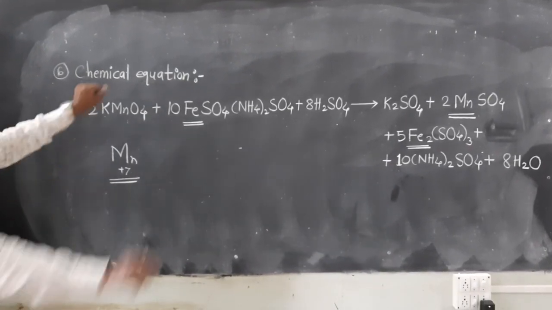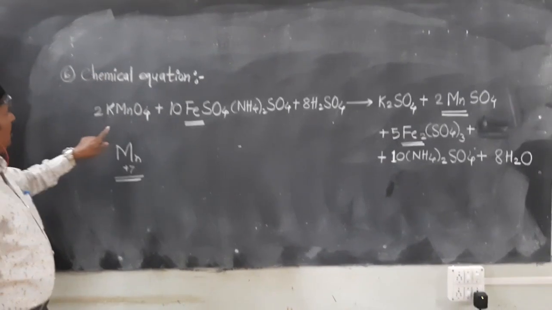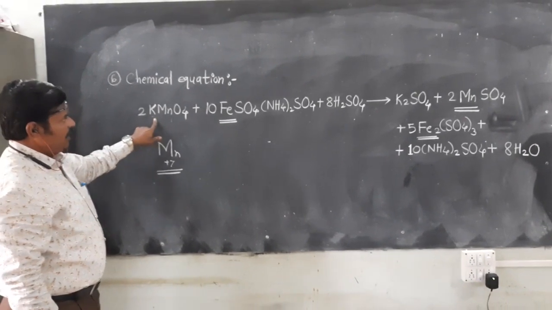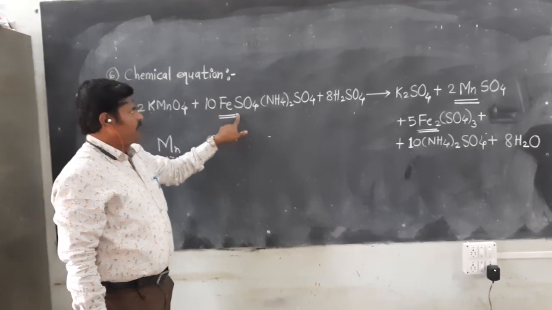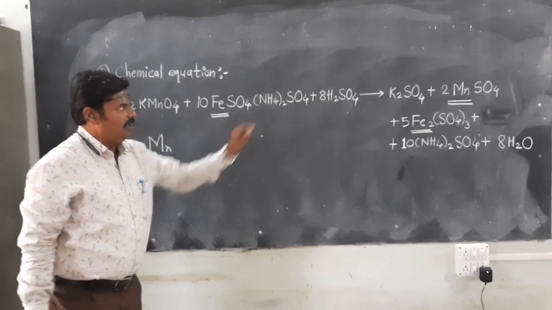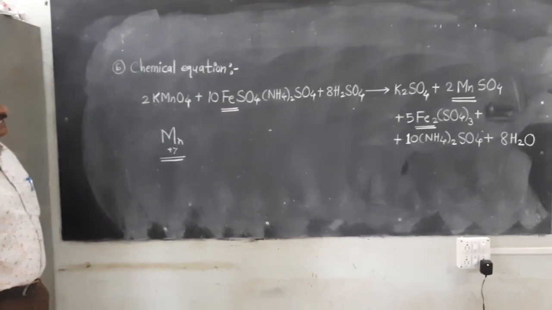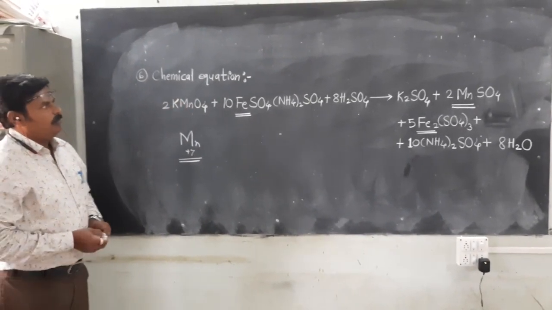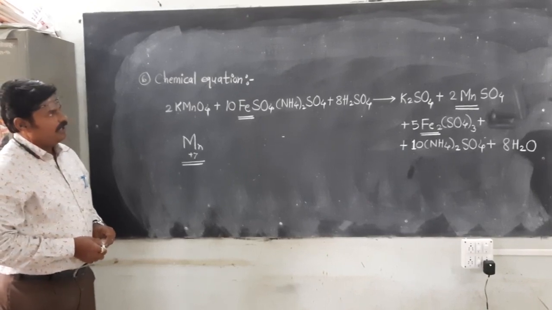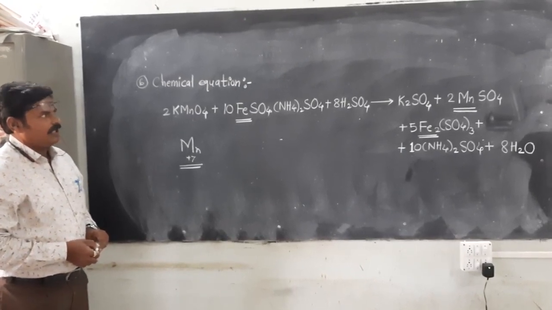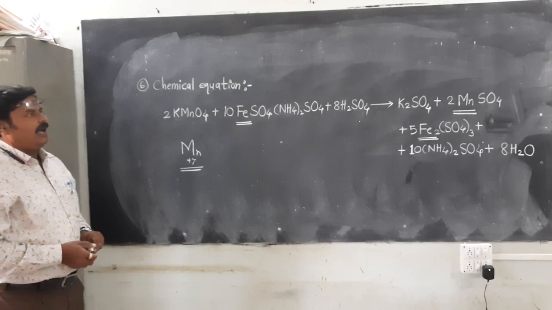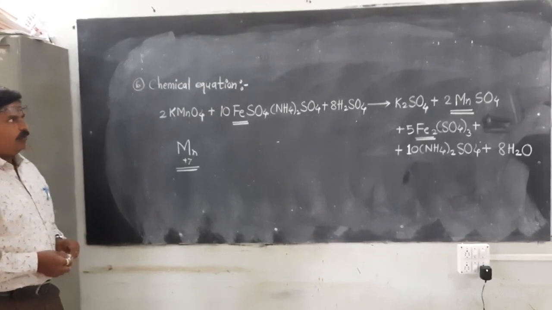Chemical equation involved in the reaction: potassium permanganate combined with ferrous ammonium sulfate in presence of dilute sulfuric acid gives potassium sulfate, manganese sulfate, ferric sulfate, ammonium sulfate and water.